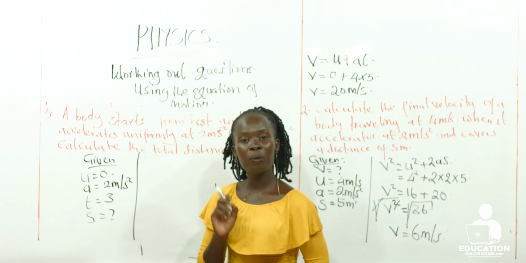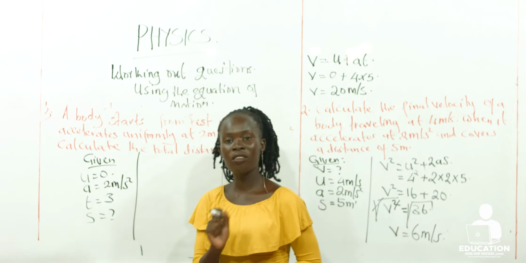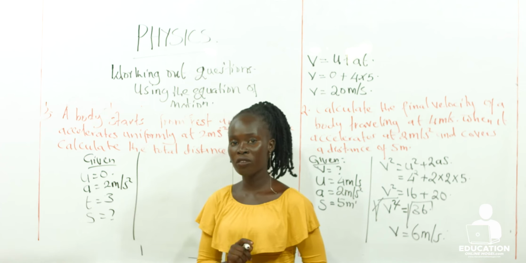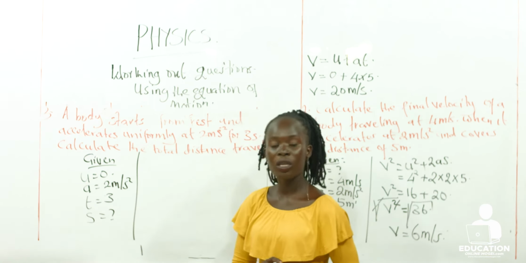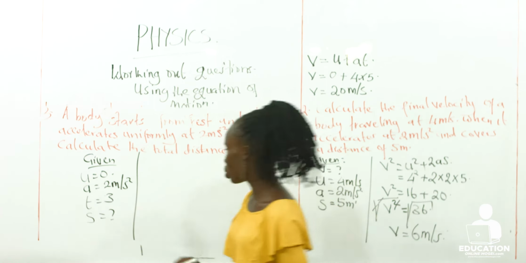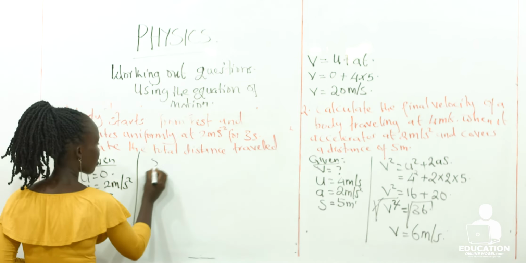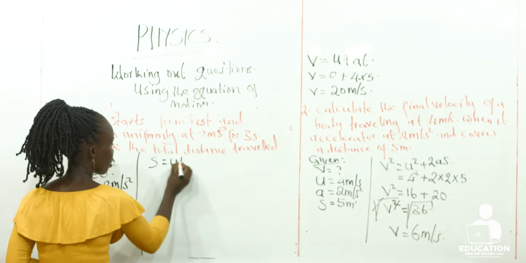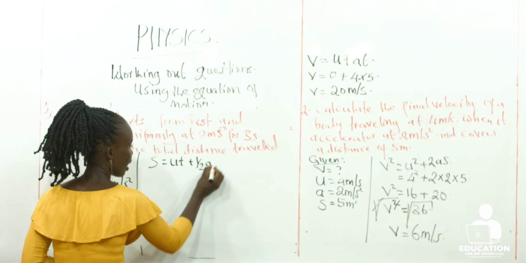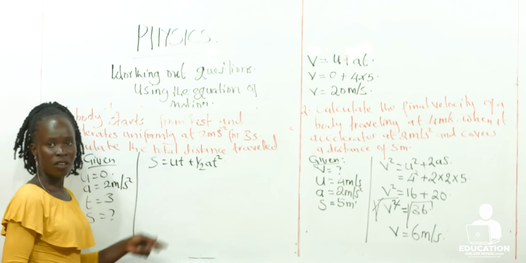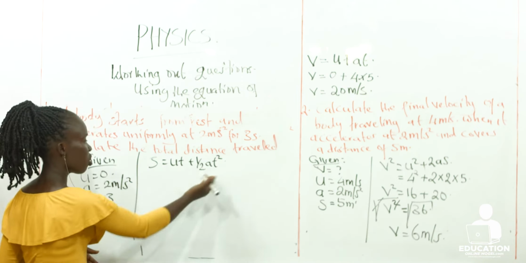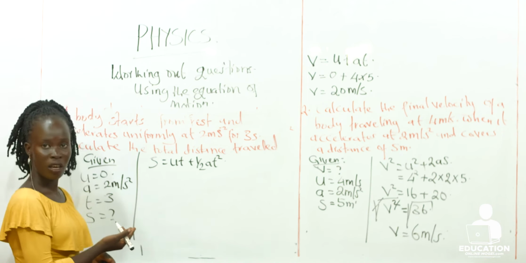So we are going to pick the equation that does not include final velocity, which is the second equation of motion. We shall have our s is equal to ut plus a half at squared. Because if you look at this, there is no final velocity in this equation.